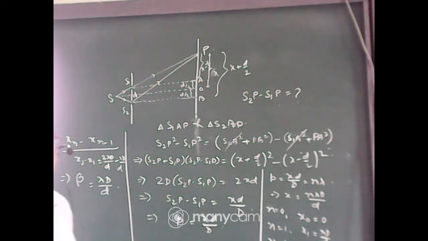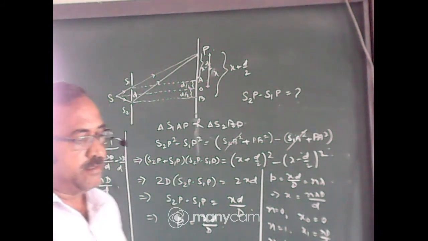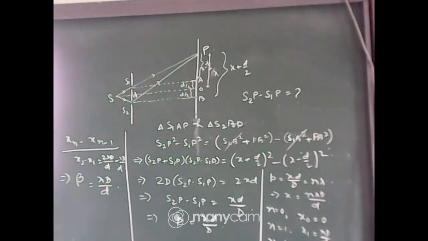Okay, so this is the fringe width. You derive it from Young's double slit experiment. This is a very important experiment, and a very important derivation for your question.